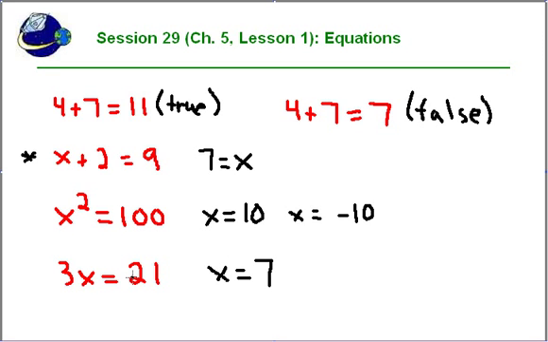So for these three equations here, we solved them, and we solved them by finding out which values for x would make the equation true. This first equation only had one solution. This last equation also had just one solution. But our middle equation actually had two solutions. So you can see that sometimes it varies.